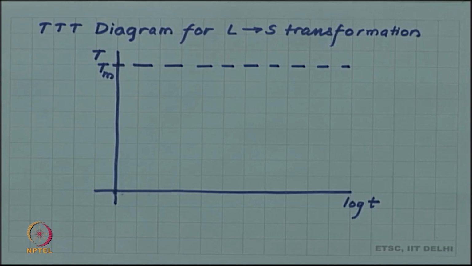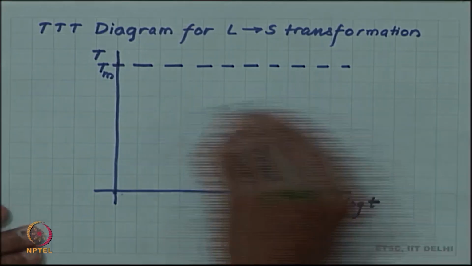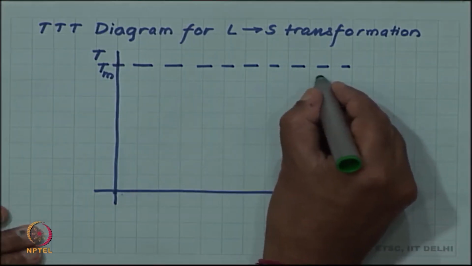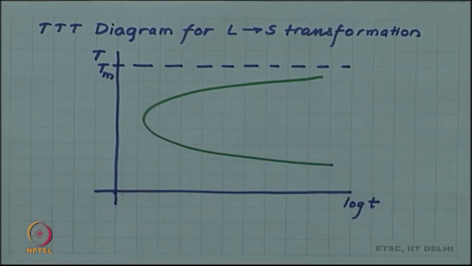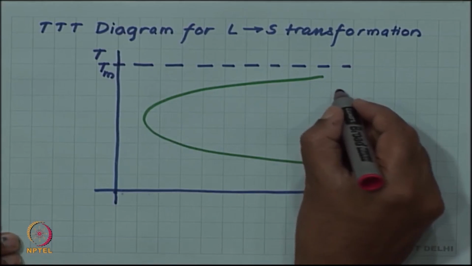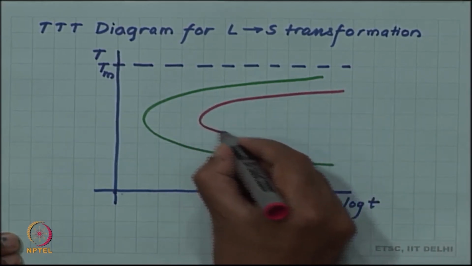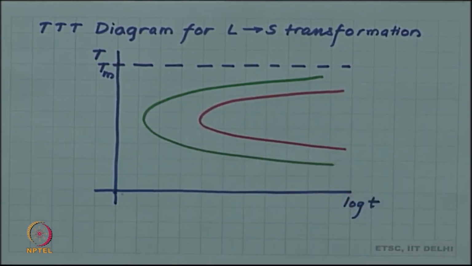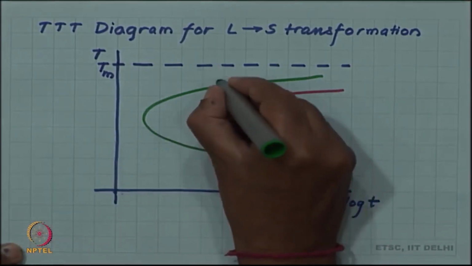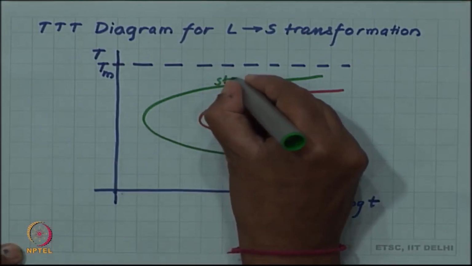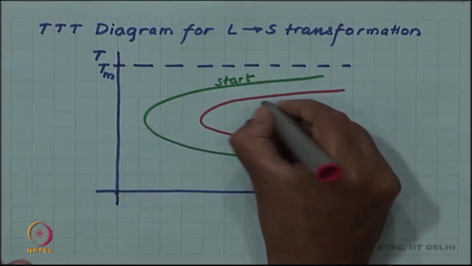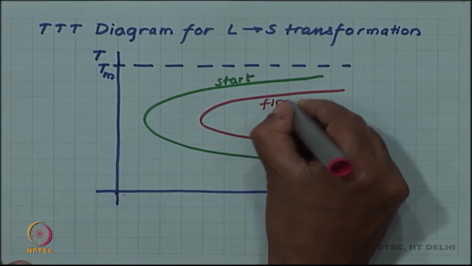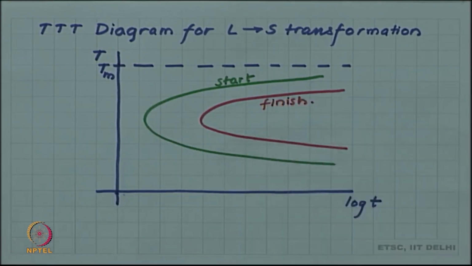And then we saw that there were two C curves, one for the start time and one for the finish time. So, this is the start and this is the finish.